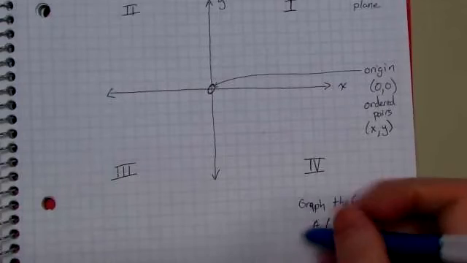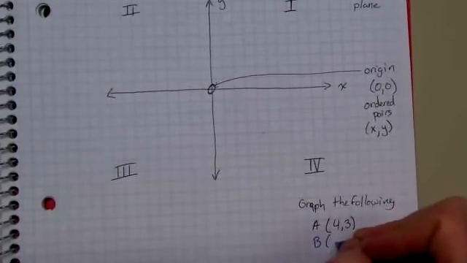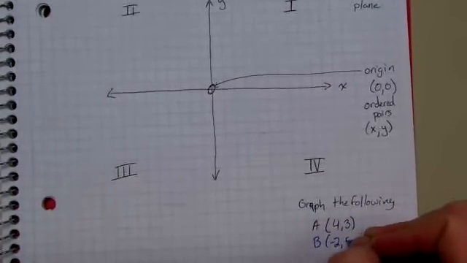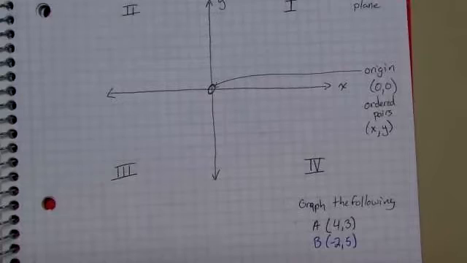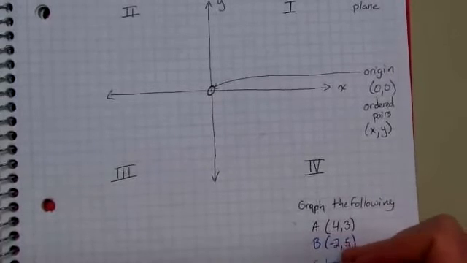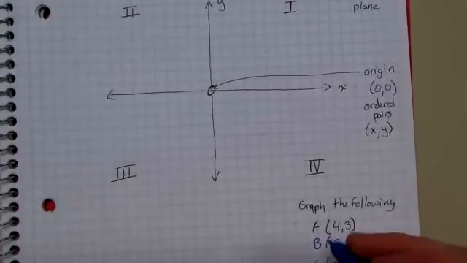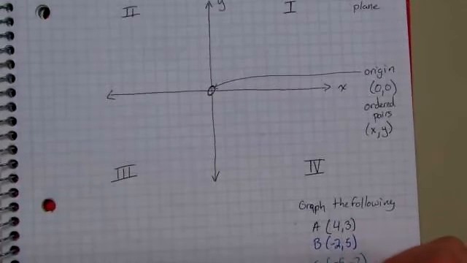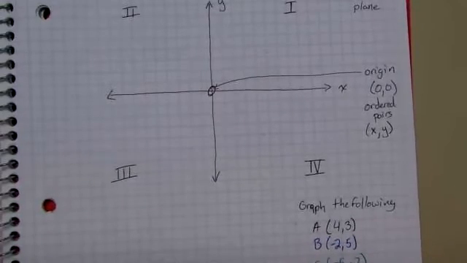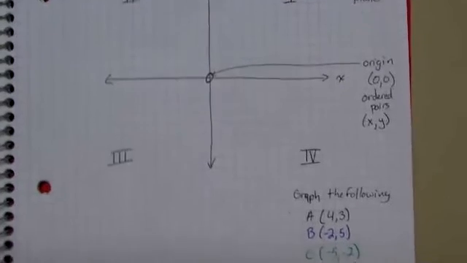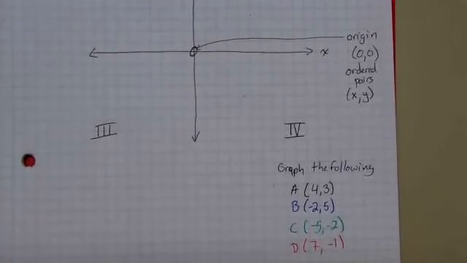We have point B, which is the ordered pair -2, 5. We have point C, which is the ordered pair -5, -2. And we have point D, which is the ordered pair 7, -1. All right. So let's talk about how we're going to graph these. So these are our 4 ordered pairs that we're graphing.